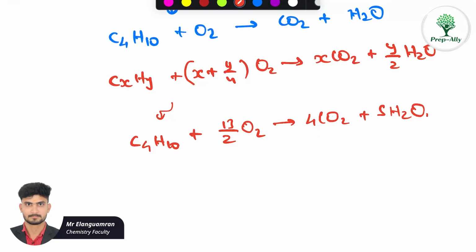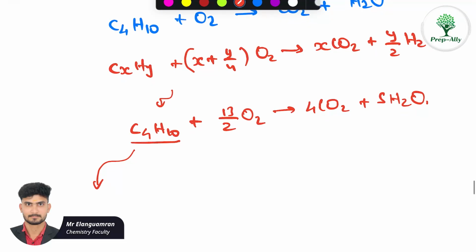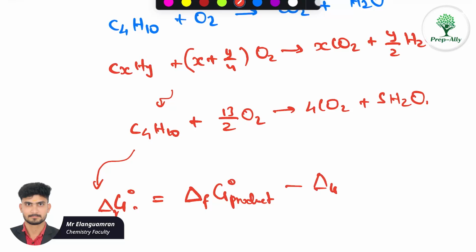Now, how do I find the energy released per mole of this butane? That can be given by the delta G of this reaction. That I can calculate by delta G naught of formation of products minus delta G naught of reactants.